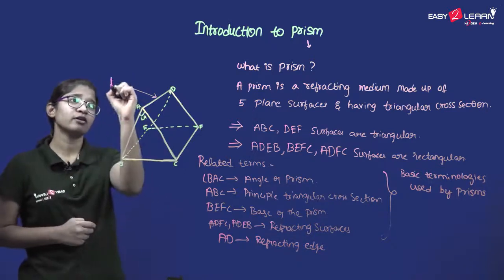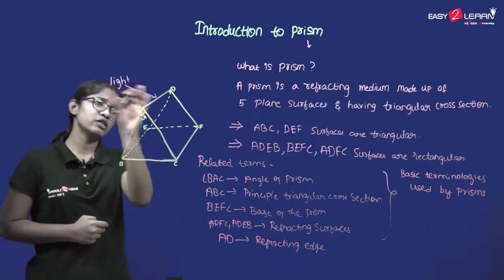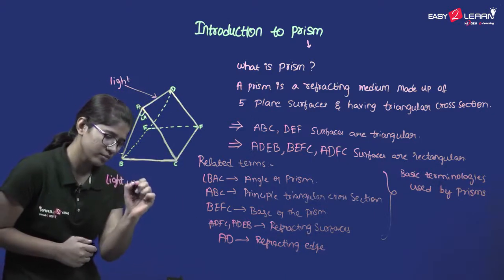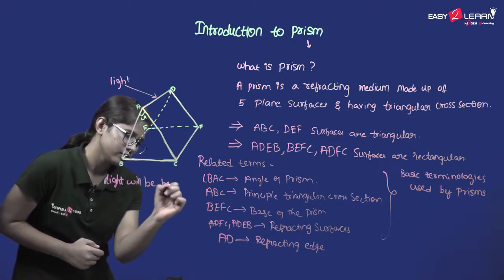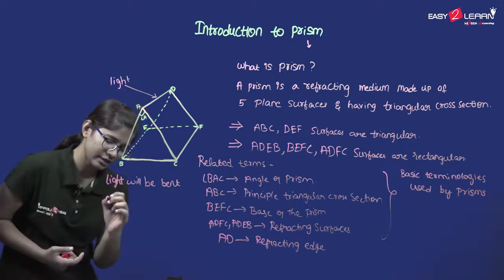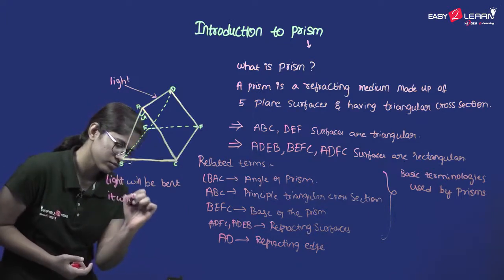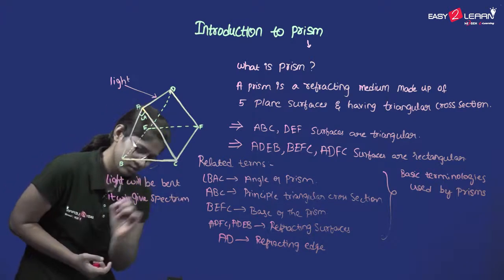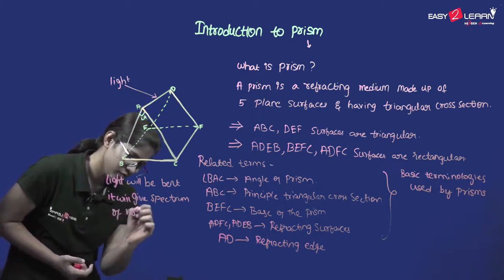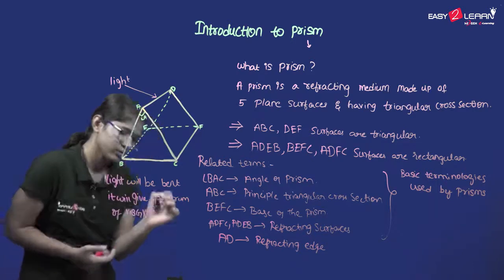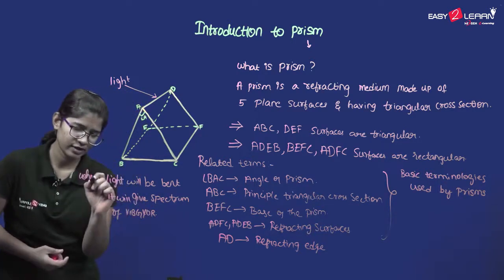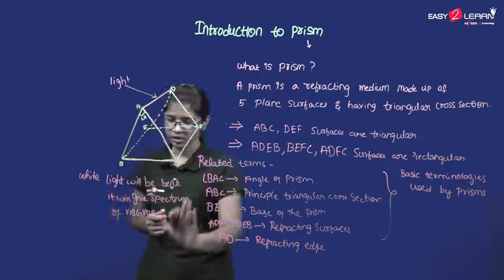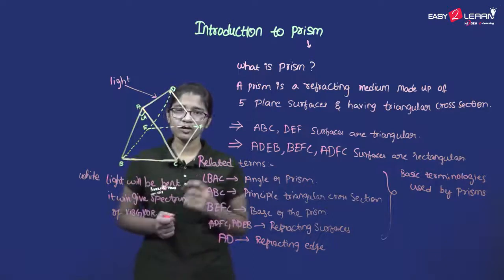Whenever the light is incident on this surface, the light will be bent, and after bending it will give a spectrum of colours. This light is white light, having different wavelengths and different frequencies, and then we will be getting the spectrum.